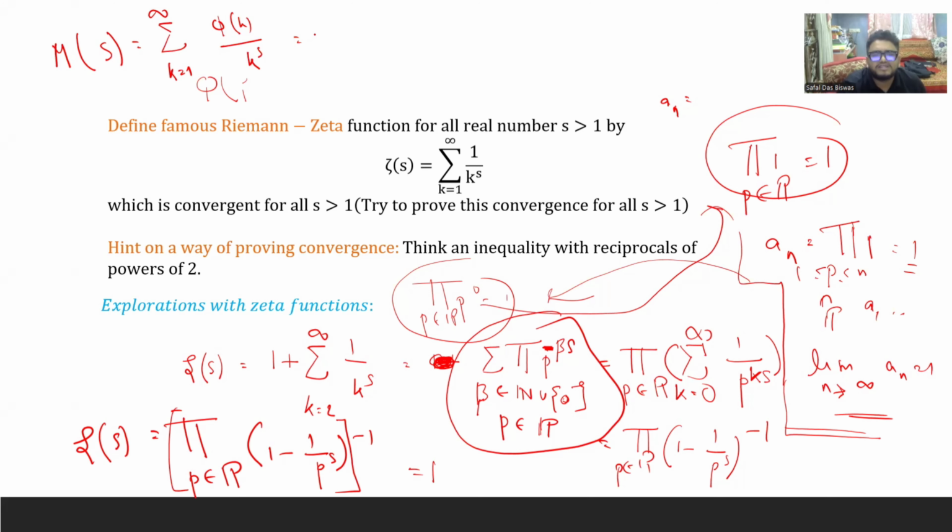This is just the summation over beta belonging to N union 0, product over p belonging to P, times phi of p to the power, what?